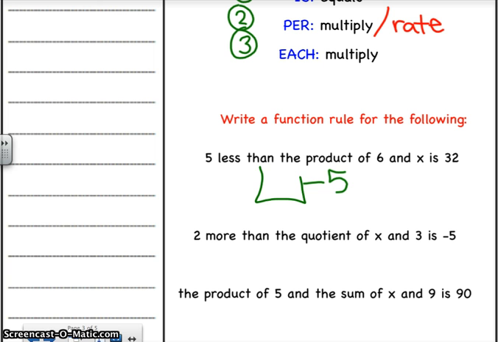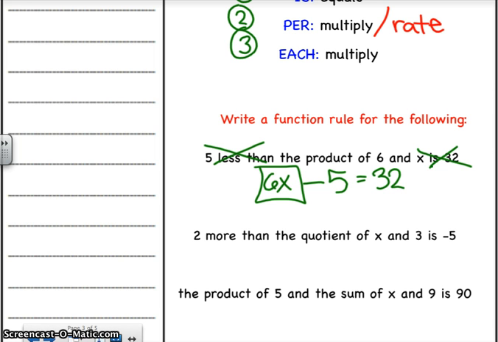I'm going to go something minus 5 is 32. Write that down. Box minus 5 is 32. So I had the 5 less than, and I had the is 32. This is the product of 6 and x. What does that mean? Multiply, right? So 6x minus 5 is equal to 32.